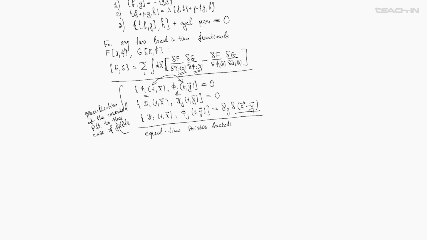Eventually, we come to the point of what is the Poisson bracket between the fields, or the commutator, if you wish, in quantum theory, between the fields at different moments of time. We will consider this. So what happens if t is not equal to t prime? We will see a little bit later.